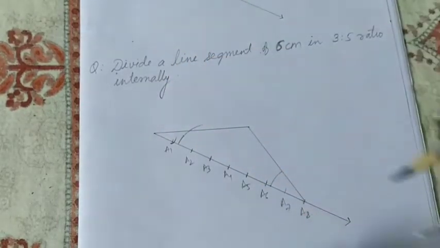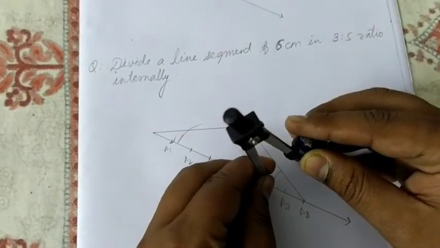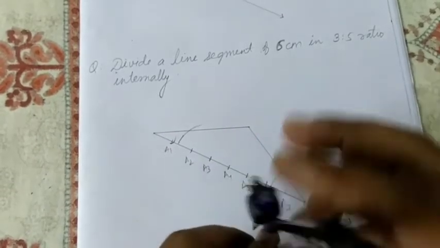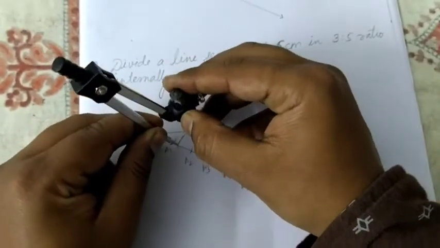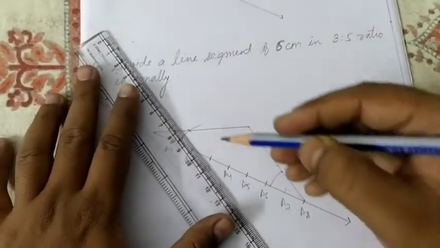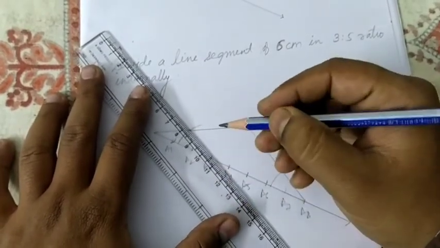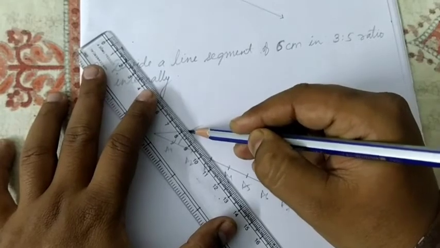Now I will take the measurement of this angle and I will cut it here at this point. So here I am getting a very small triangle. From this point to this point I will join, because it has been asked 3:5 ratio.